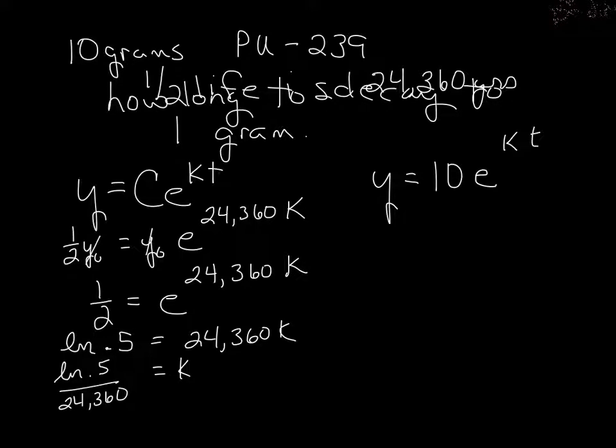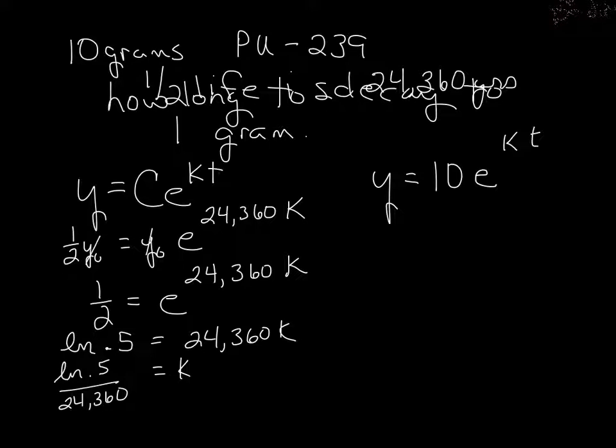Remember how to store values in your calculator. Okay, if you type in the natural log of 1/2, be sure you close a parenthesis, and divide it by 24,360. Hit enter, then hit store, and alpha, and whatever letter you want to store it as, which is very handy if you're going to be using that more than once.